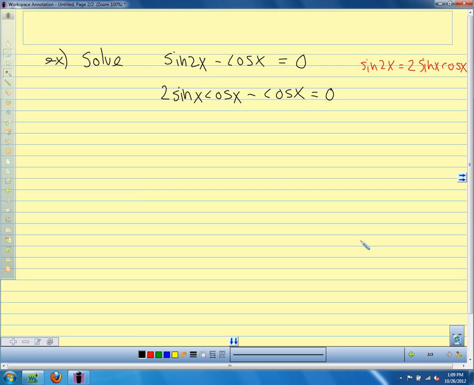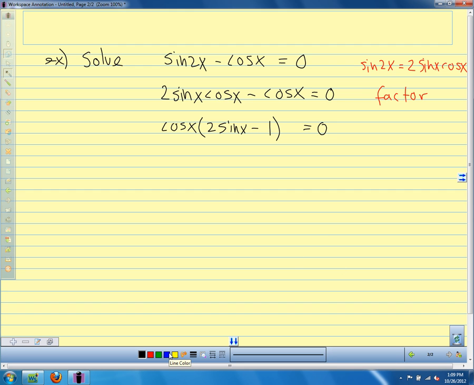Now for my next step in solving this, what are we going to want to do? Yes. Factor cosine. Cosine is common to both terms, so I'm going to factor. So I get cosine x times 2 sine x minus 1 equals 0.